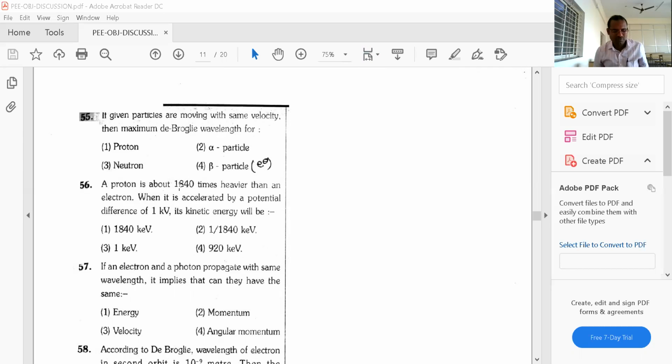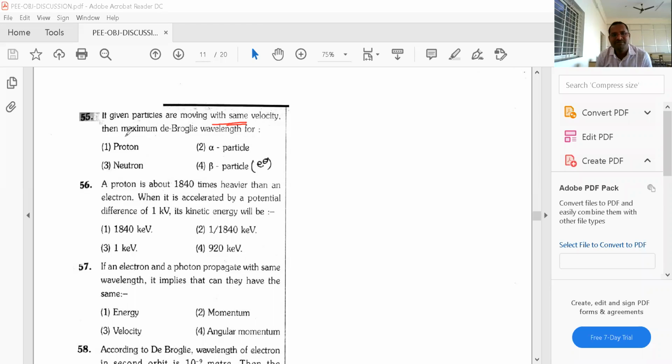Question number 55. If given particles are moving with the same velocities, then maximum de Broglie wavelength is for which? The particles are proton, alpha particle, neutron, beta particle, means electron, all moving with same velocity.